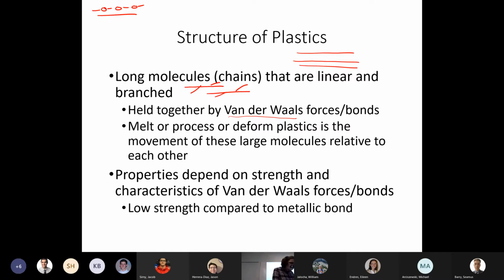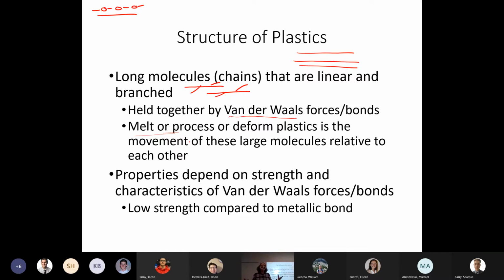Okay, and so when we melt or process or deform the plastics, what we're doing is we're interfering with those van der Waals bonds. We're allowing these molecules to slide, change shape, and then allowing those bonds to reform again. The most common way in which we lower the strength of those van der Waals bonds is by increasing the distance between the molecules.